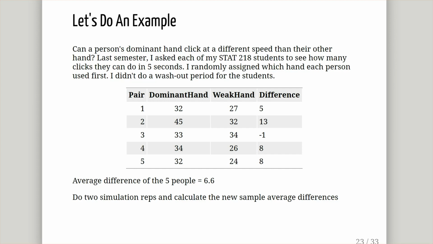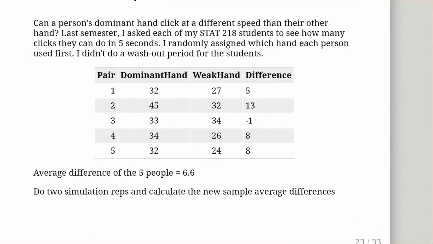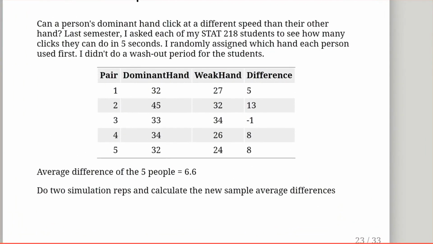That equals a positive 5. We can find the average of the differences for these 5 students. Really, you just average up 5, 13, -1, 8, and 8 to get a sample mean difference of 6.6.